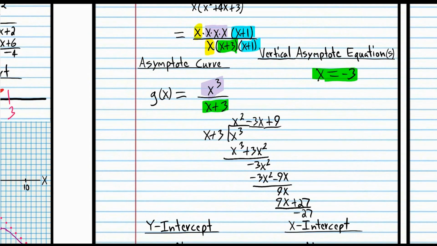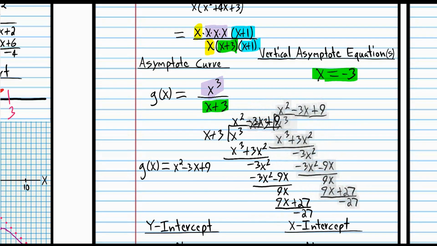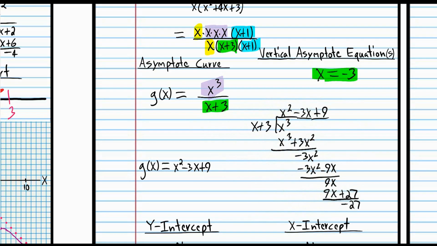So we can rewrite g of x, the reduced form of the function, as x squared minus 3x plus 9, and we need to add our fraction at the end there. So minus the remainder divided by the divisor.